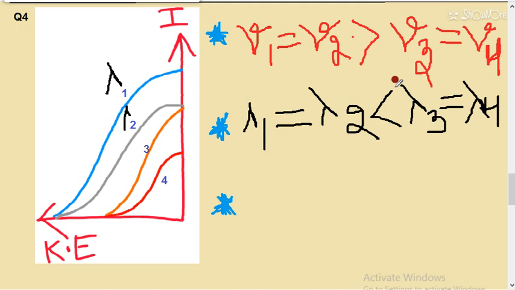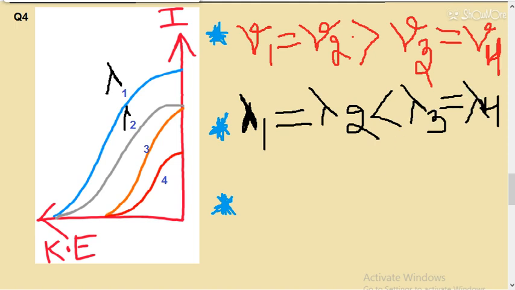Photoelectrons have the same kinetic energy for these radiations, so their total energy is the same. Total energy same hogi to kinetic energy bhi same hogi. So lambda 1 equal to lambda 2 less than lambda 3 equal to lambda 4. So this is the second relation.